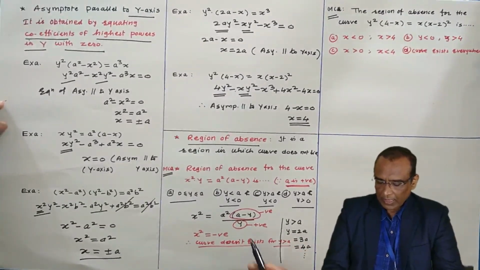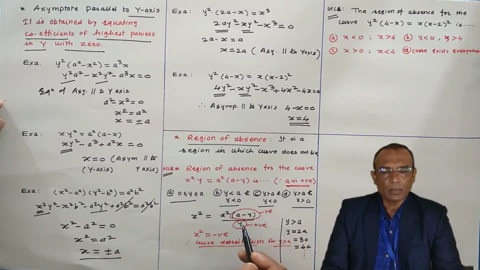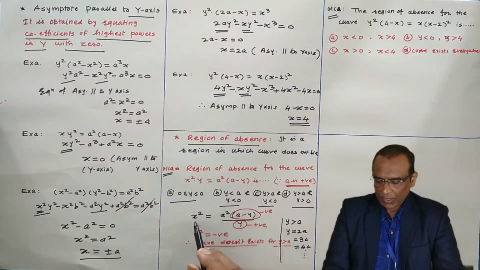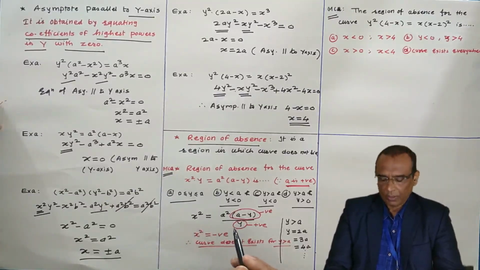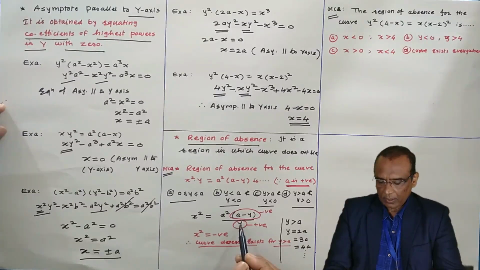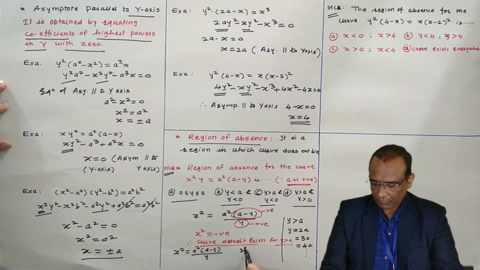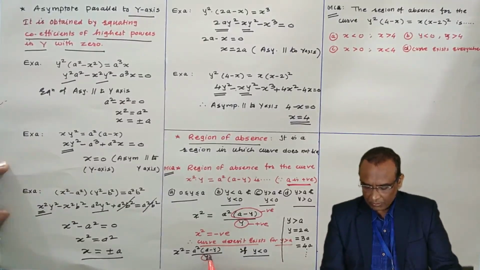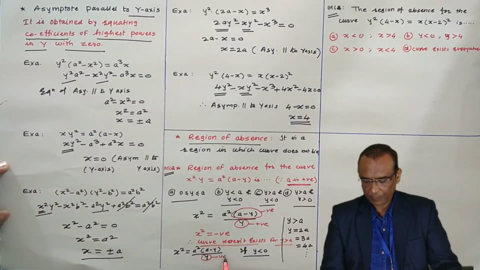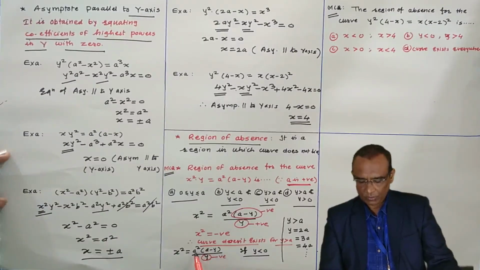Now, is there any other range, or you can say region or range of y, for which x square is negative? Any other range? If you look at this function, if y is negative, means less than 0, then y will be negative. a square is positive.